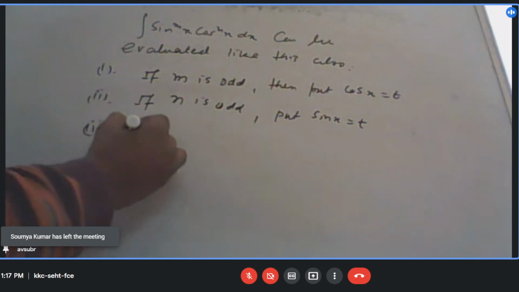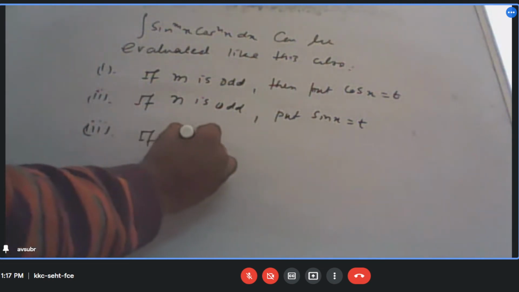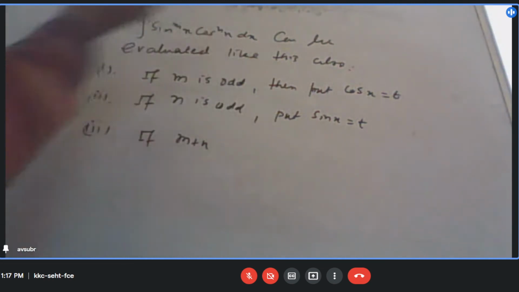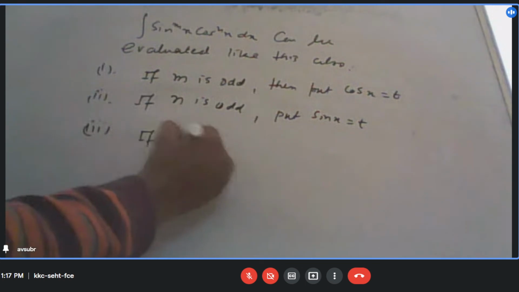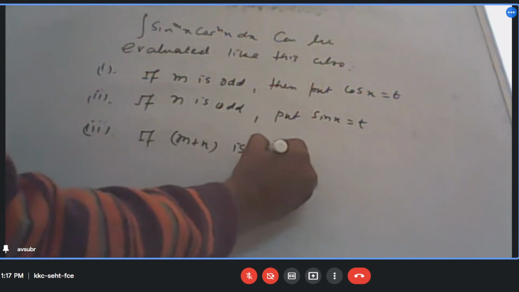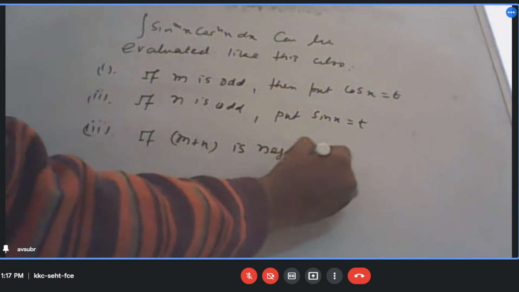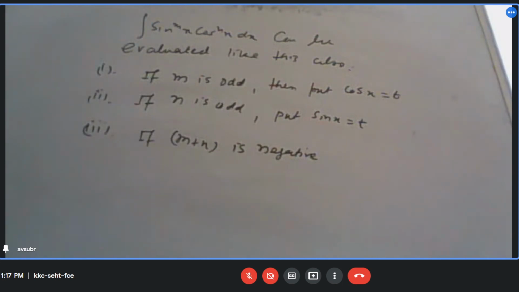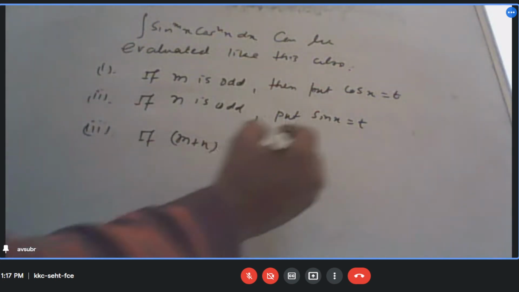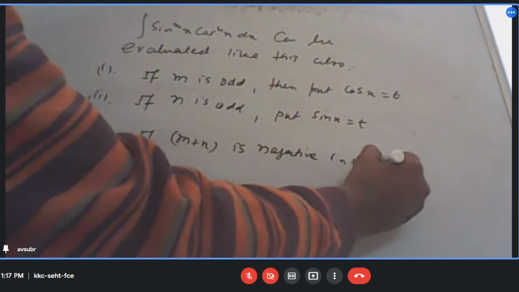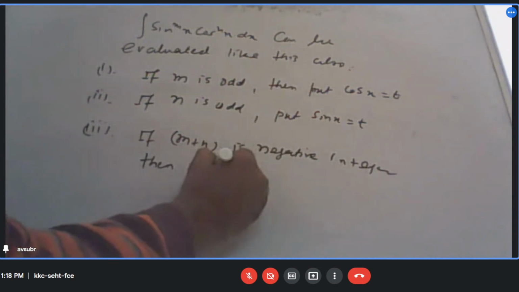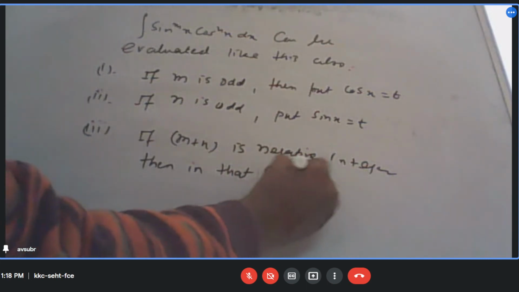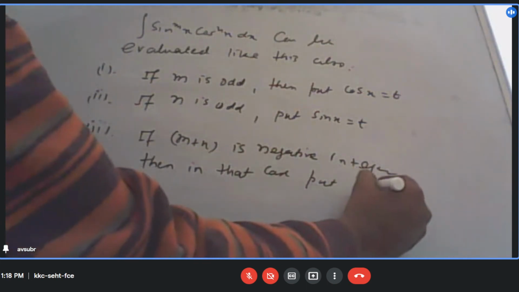Third is that if m plus n, if I add these two powers, is a negative integer, then in that case put tan x equal to t.